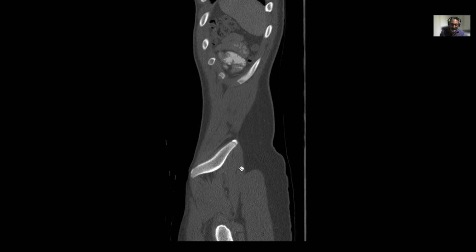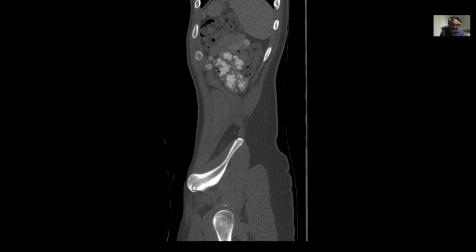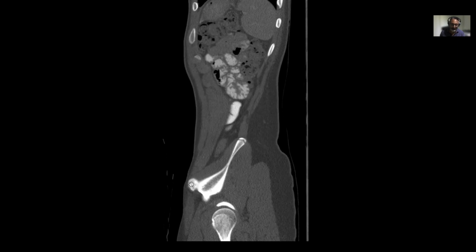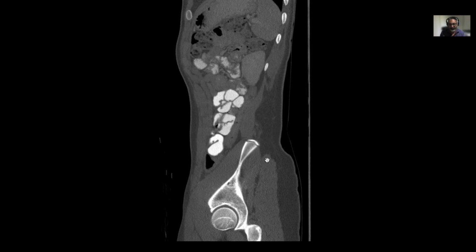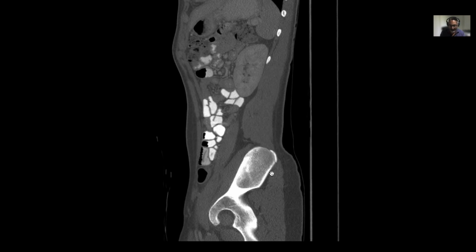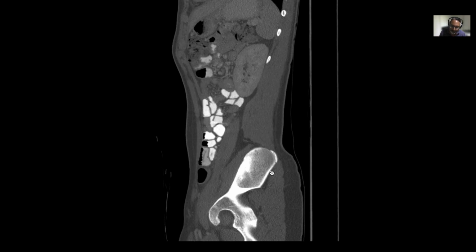And if you look at the iliac bone, one of the best ways to see the anterior superior iliac spine is over here. You can see it in the sagittal section, and then you follow the iliac crest on this side, and you'll see the posterior superior iliac spine, which is up here.